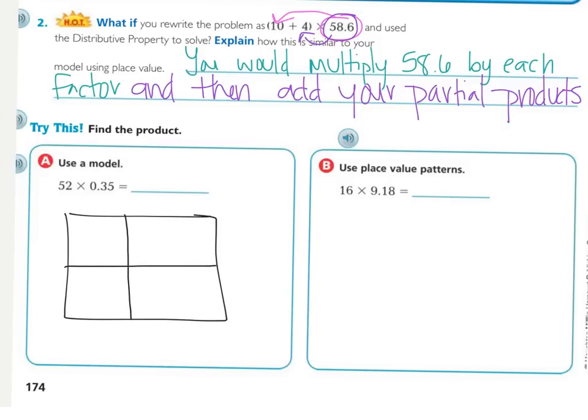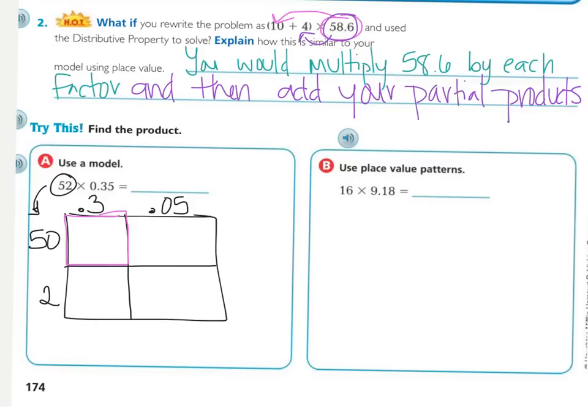So let's fill that in. 52, I'm going to put down the side. And so that breaks down into 50 and 2. And then 35 hundredths breaks down to 3/10 and 5 hundredths. And now find the area of each square.